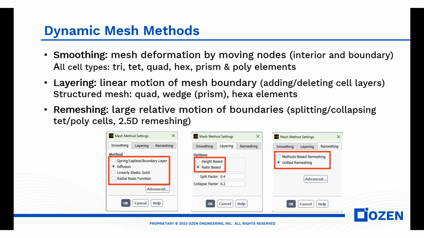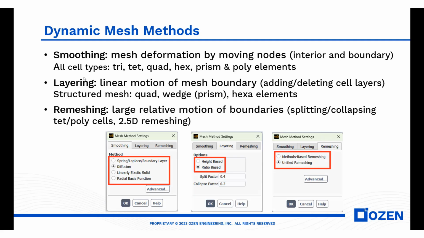The good thing about the smoothing method is that it can be applied to any type of mesh and element. In 2D it could be tri or quad elements, and in 3D it could be tetrahedral, hexahedral, prism, or polyhedral elements.